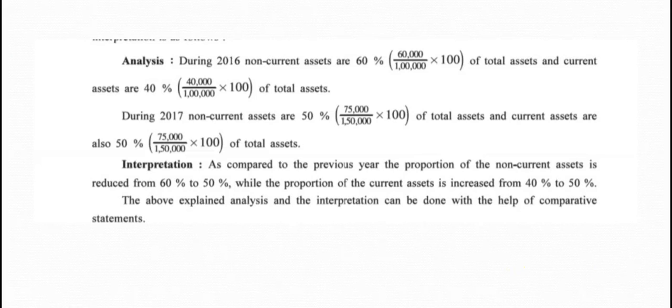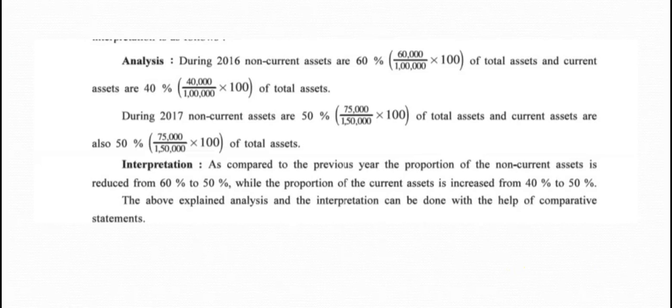During 2016, non-current assets are 60%. How come 60%? Total assets are 1 lakh and out of that 60,000 are the non-current assets. So 60,000 divided by 1 lakh into 100 will give you 60%. So during 2016, non-current assets are 60% of total assets and current assets are 40%.